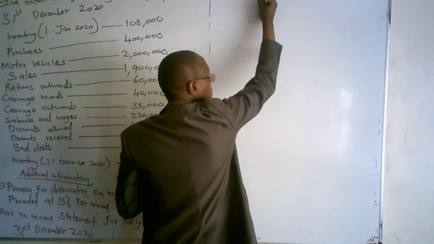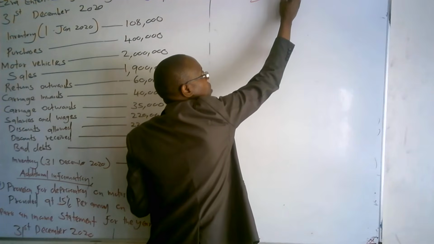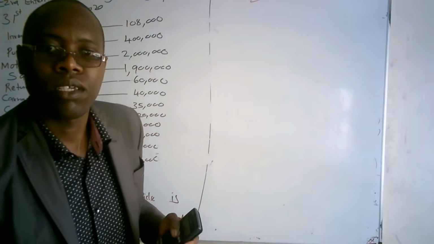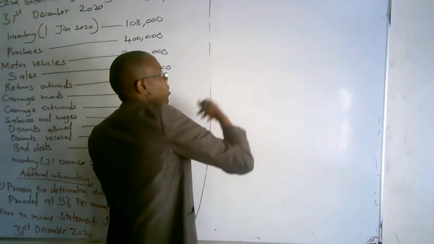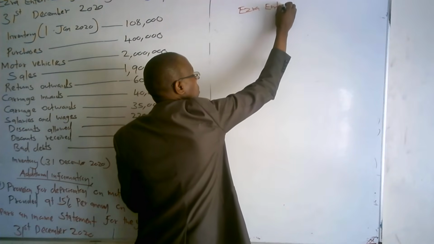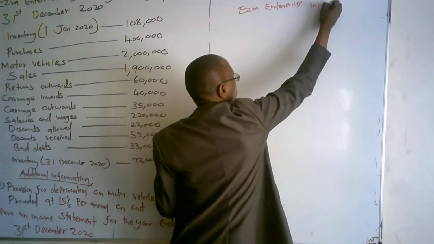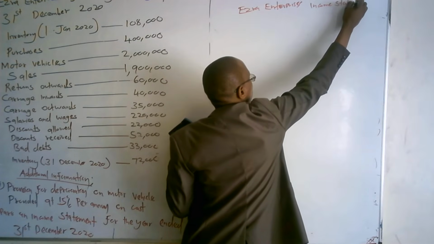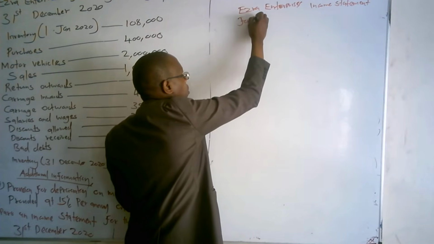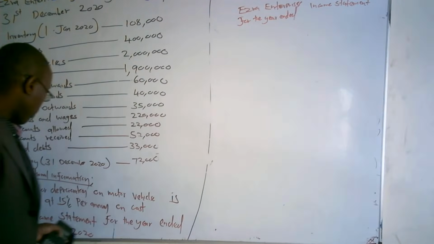So I'll have my title as Ezra Enterprises income statement for the year ended 31st December.